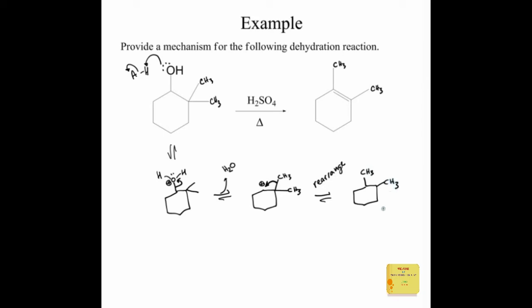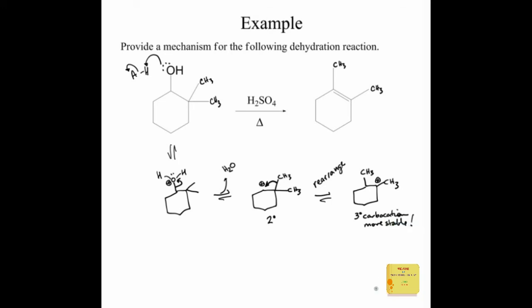Now where does that place our carbocation? This carbon now has 4 bonds. It had only 3 before, but this carbon just lost one of its bonds, so the carbocation is now down here. Now why is that rearrangement favorable? It's favorable because we've gone from a secondary carbocation to a tertiary carbocation, which is more stable.